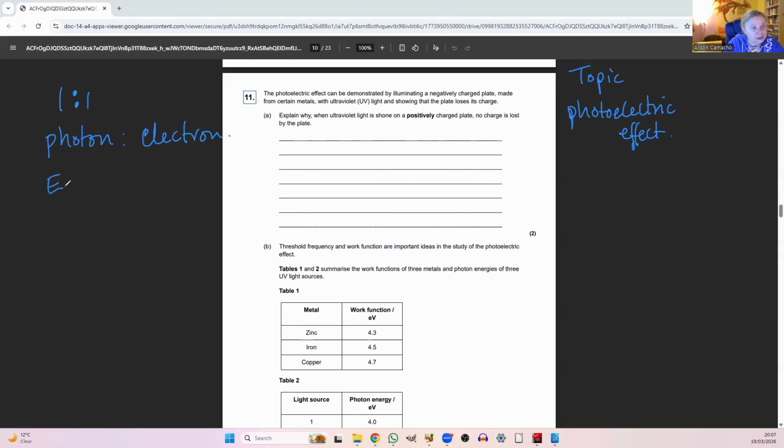And so it should be the energy of the photon is phi plus EK max. Your equation might not be energy of the photon. It might be written as HF or maybe even HC over lambda. I can't remember what is on which data sheet, but this is the photoelectric equation.